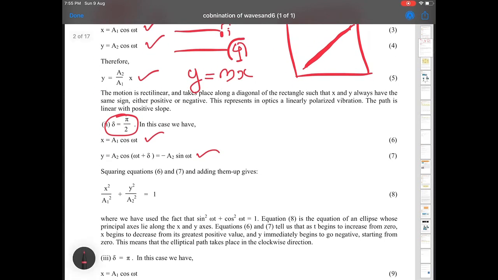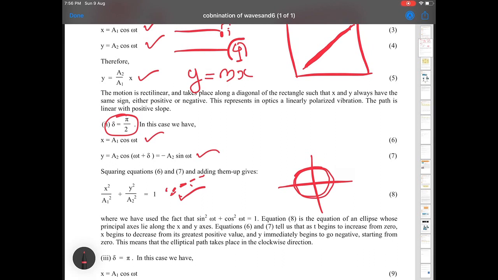We get x square divided by a1 square plus y square divided by a2 square. It exactly looks like the equation of a circle, right? If these amplitudes are the same, it will represent a circle. So if the phase difference is 90 degree, we will get a waveform of circular shape if the amplitudes are the same.